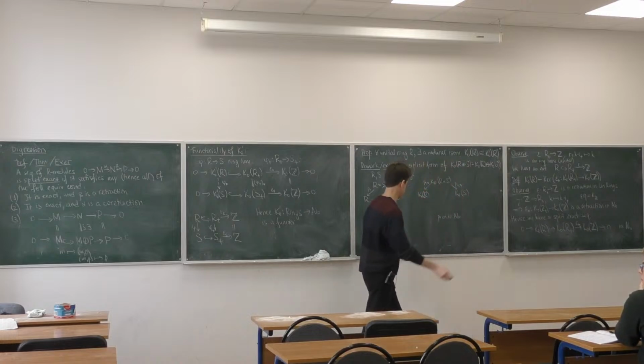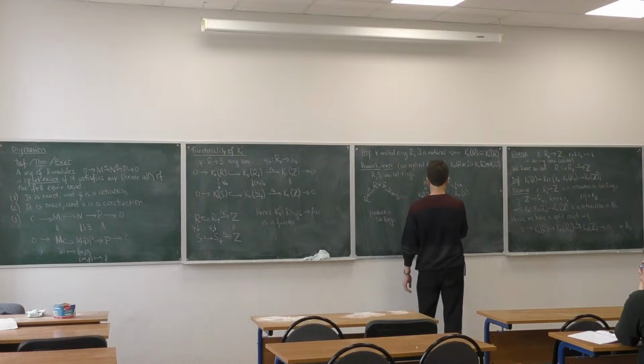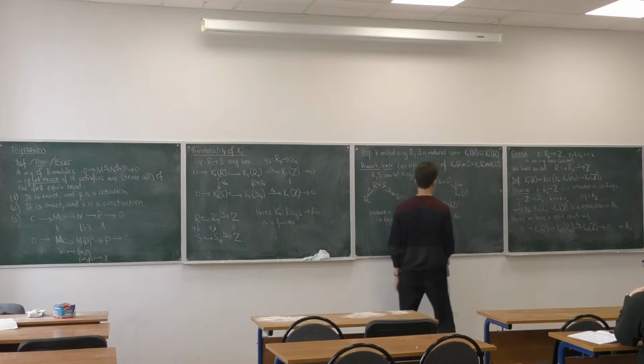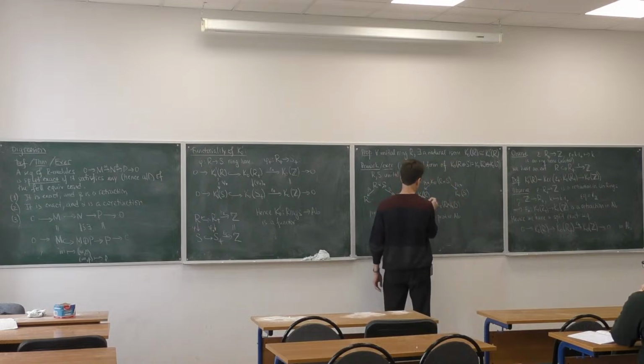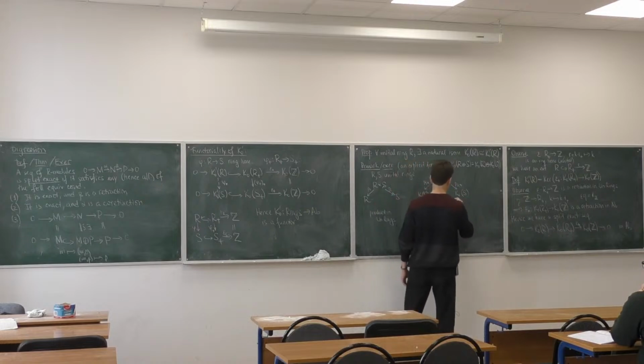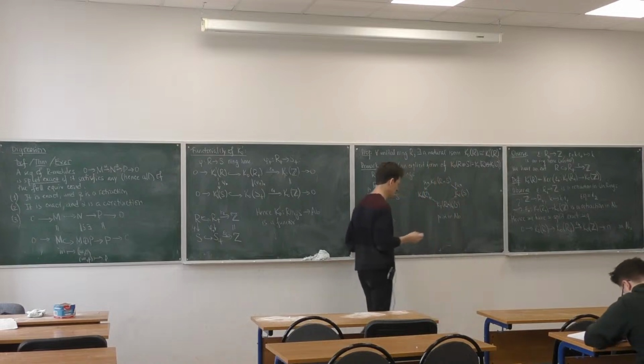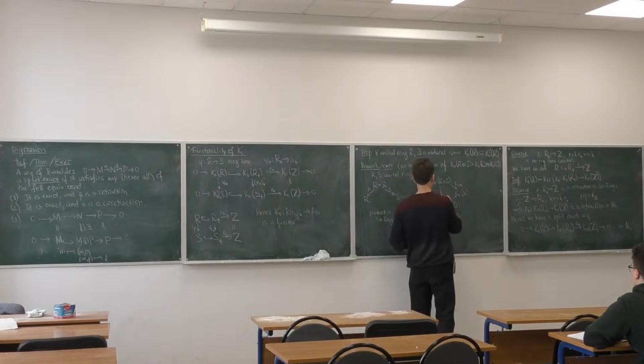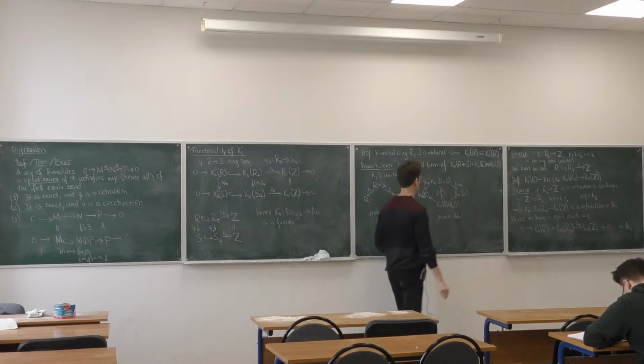That is, if I form the product of K0 of R and K0 of S in the category of abelian groups, and draw here two canonical projections onto the direct summands, then there is a unique group isomorphism such that the diagram commutes.